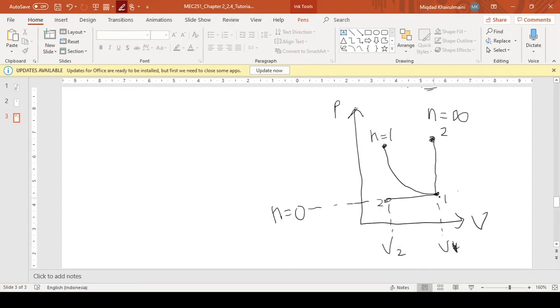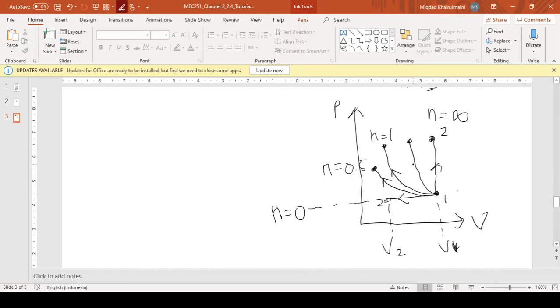So it is still the same. If the polytropic index is n equals 0.5, it will be somewhere here, for the polytropic process. For the adiabatic process, let's say the adiabatic index for air is 1.4, between 1 and infinity.